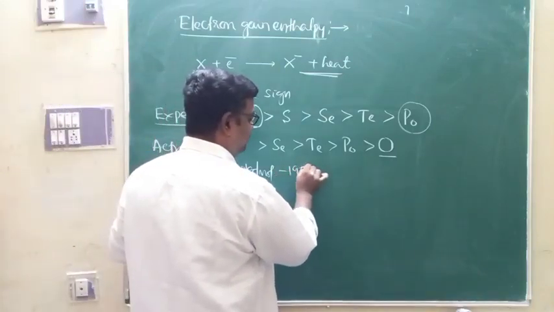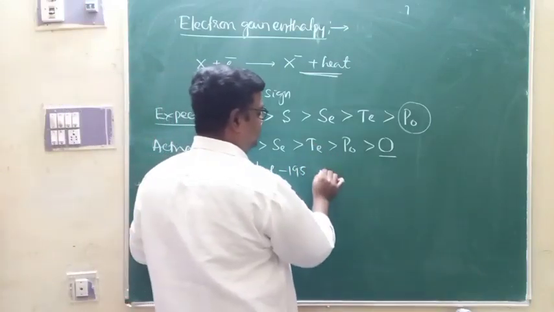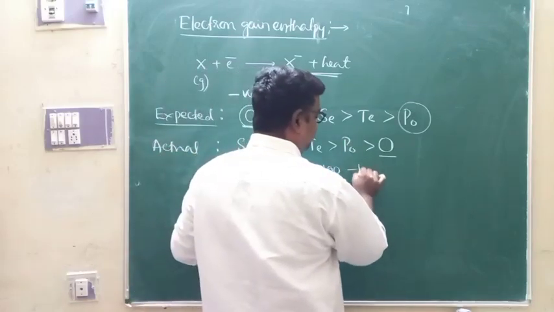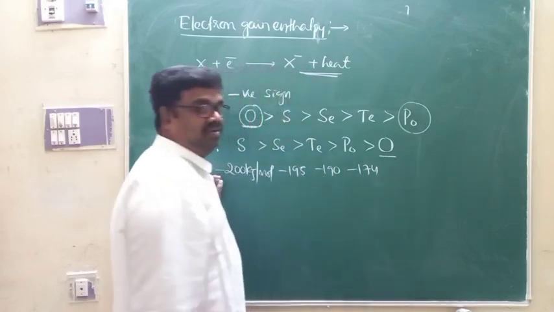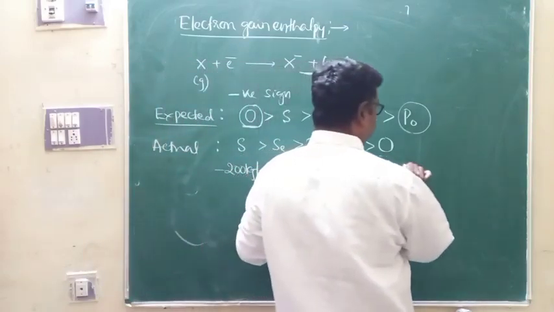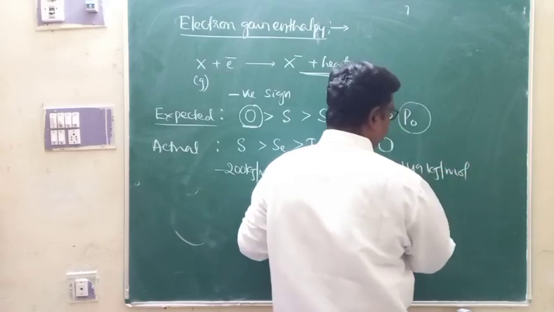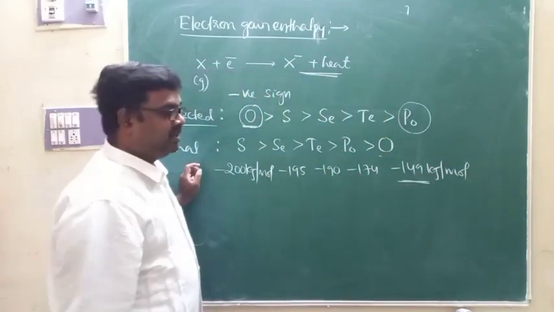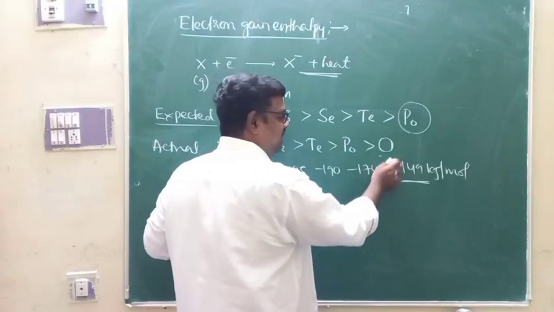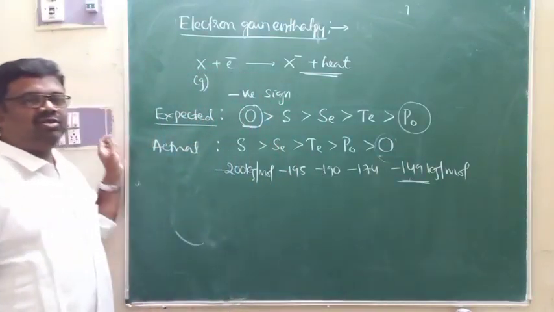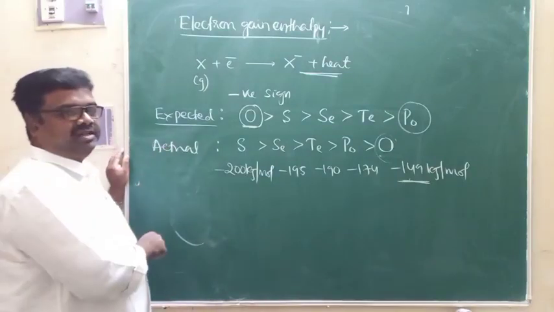Selenium minus 195 kilojoules per mole. Tellurium minus 190 kilojoules per mole. Polonium minus 174 kilojoules per mole. And of course oxygen minus 149 kilojoules per mole. Least negative means the electron gain enthalpy of oxygen is least among the elements in group 16. This is the actual trend.